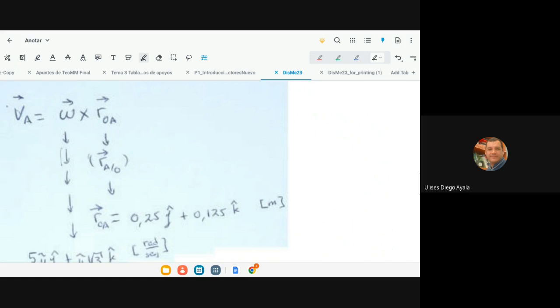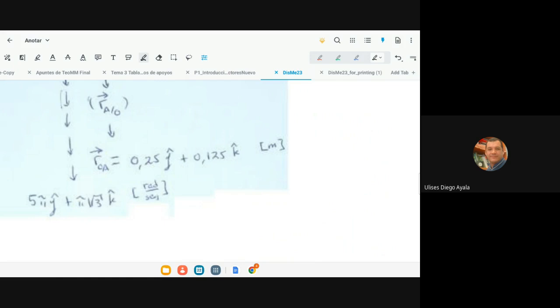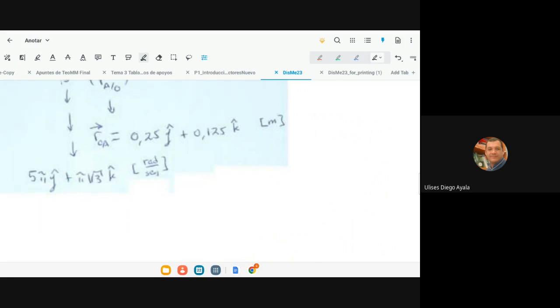The axle of the motor. Ese es el eje del motor. It's important. Therefore, if it is the axle of the motor, this must be the axle of the motor. Este y este deben ser de los ejes del motor. Si no, no estará bien. You can do the same in the axles of the capital letters, but you will have to get two in the same axle. So whatever you choose, you put the values in the same.